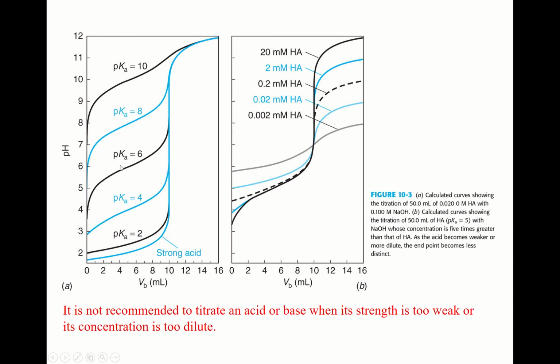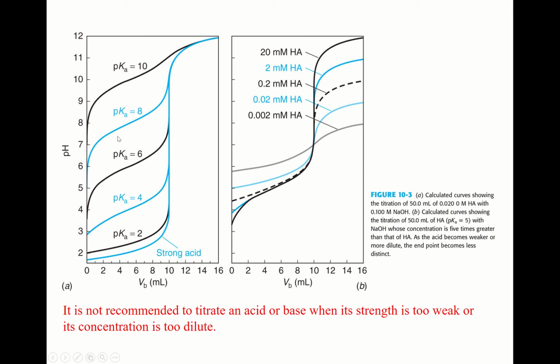For example, for pKa 6, there is a rapid initial increase of pH, and then it slows down, and then also increases as approaching the equivalence point. So the step size in this case is small, but still we can identify the equivalence point around here.